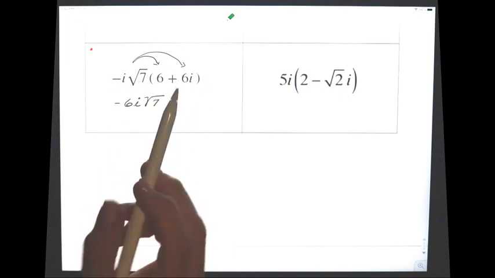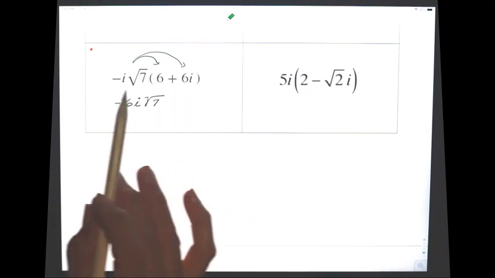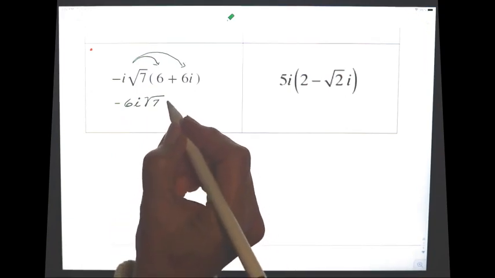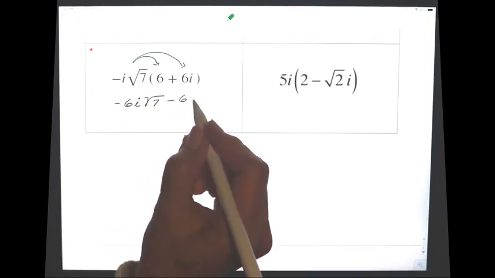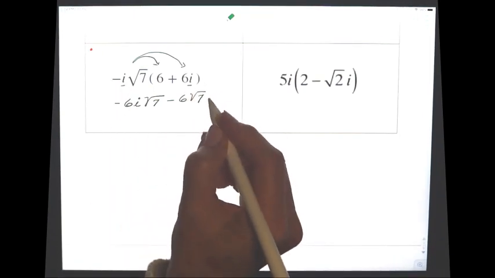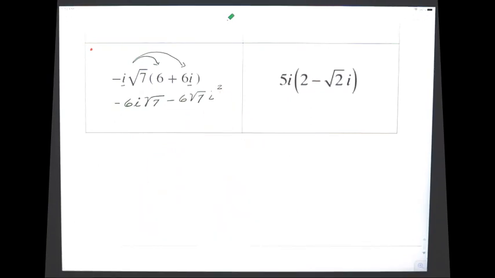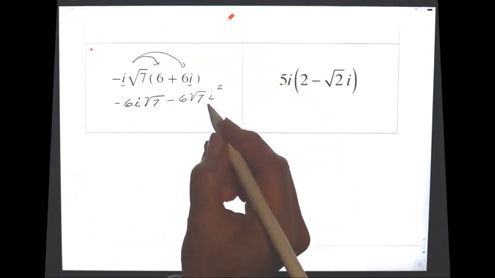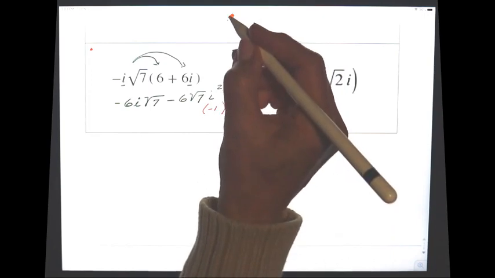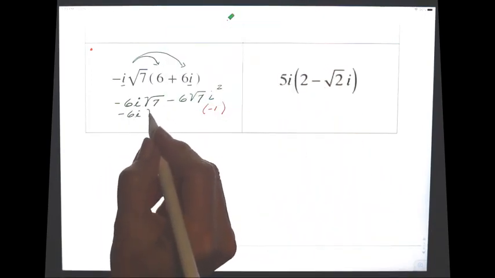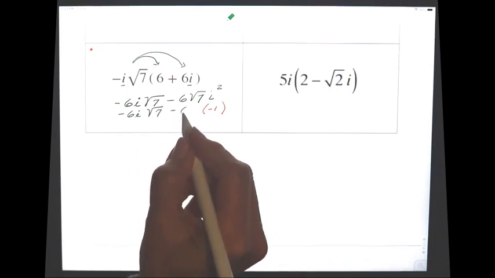So distributing into the second part of the parentheses, the -i times the square root of 7 times the +6 is going to give me -6 square root of 7, and then i times i is going to give me i squared. And just as we did on the previous one, I'm going to replace the i squared with -1. So let me just go ahead and insert that in a different color. Copy the rest of this down.